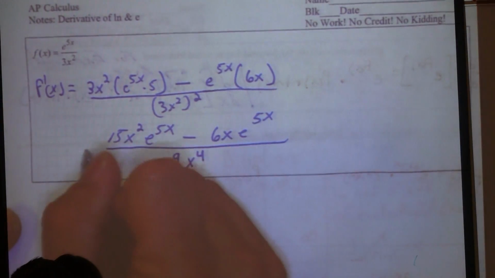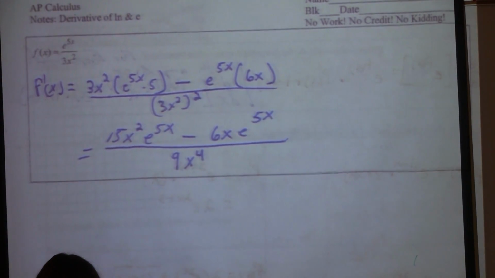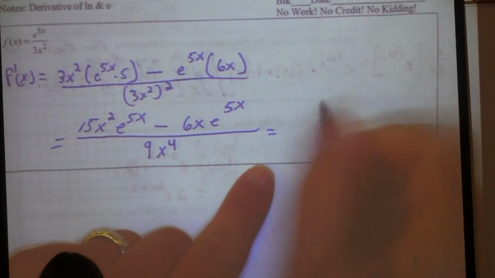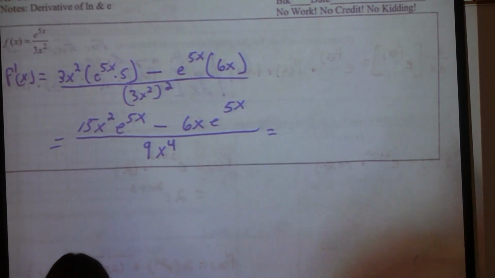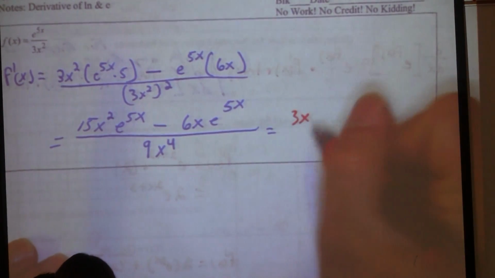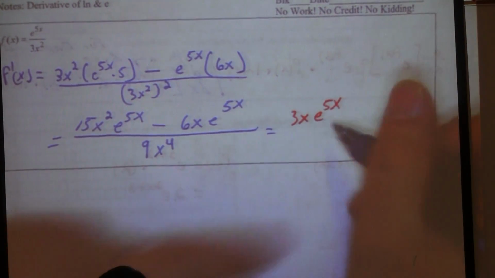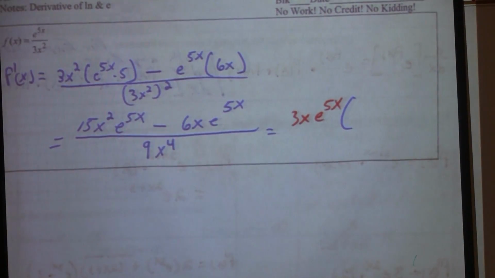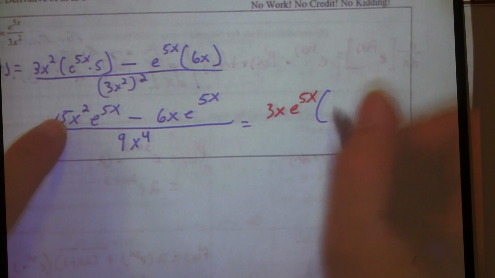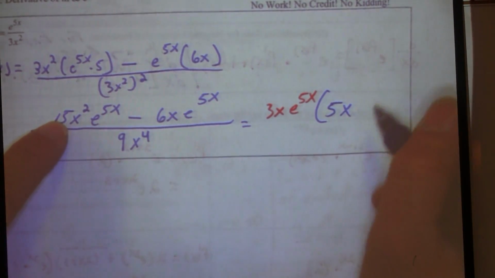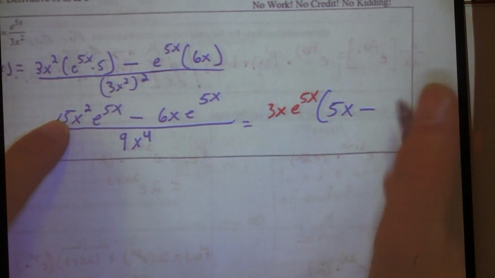Is there something we can factor out on the top? A 3, an x, and an e to the 5x. Times, what's left over? 5x minus 2.